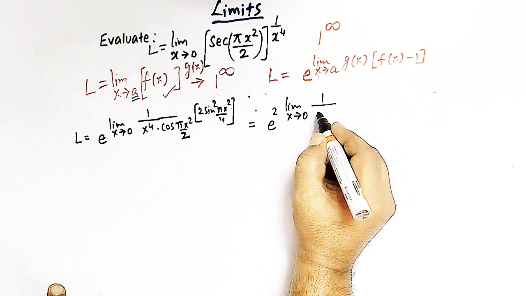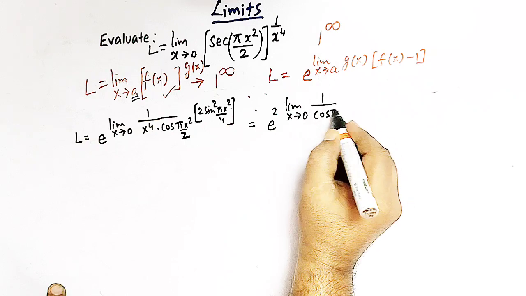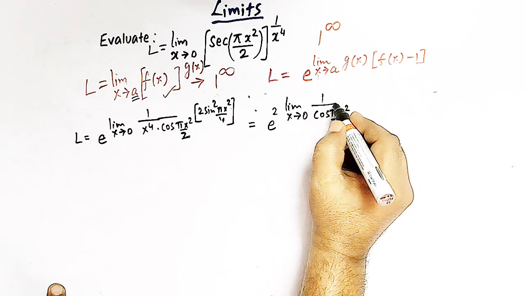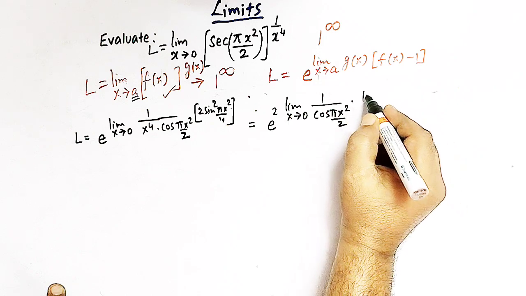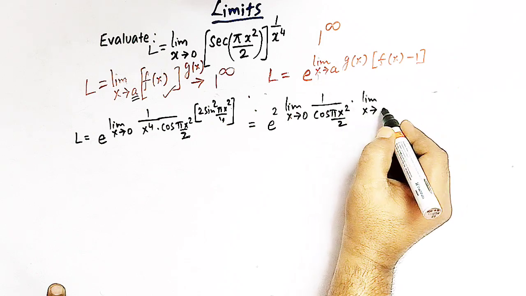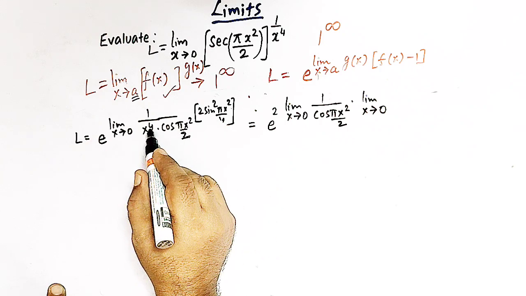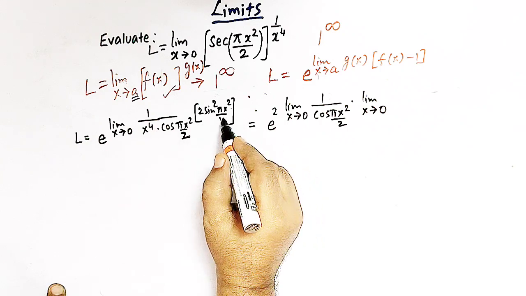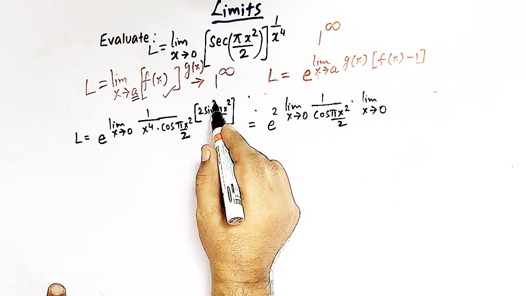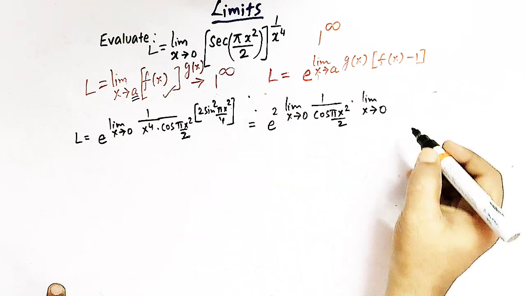So here we have 1 over cos pi x square over 2, and then here we can write limit x tends to 0, and we can take x raised to 4 in the denominator of this term, that is sine square pi x square over 4.